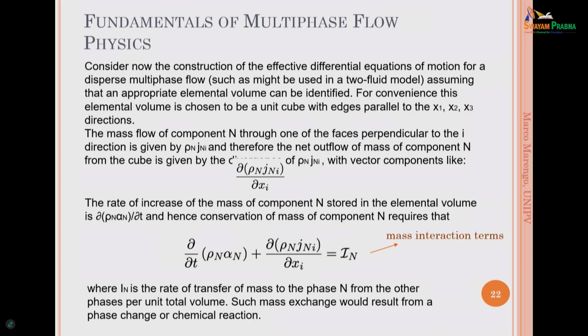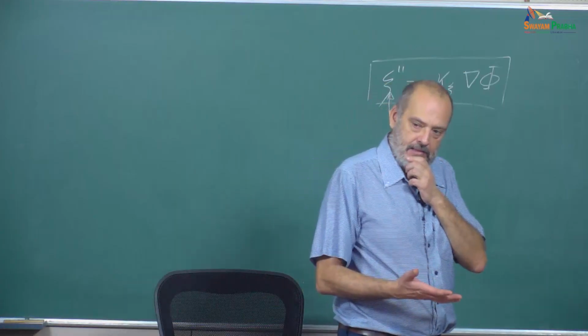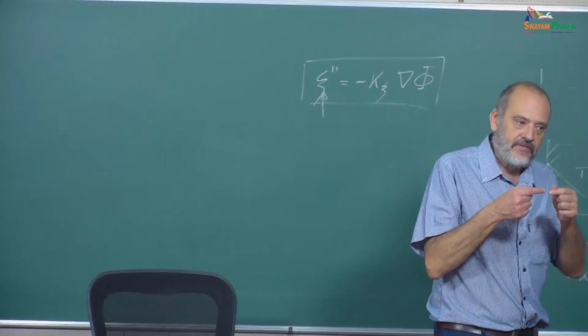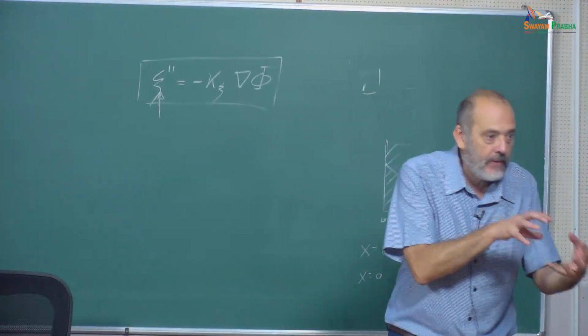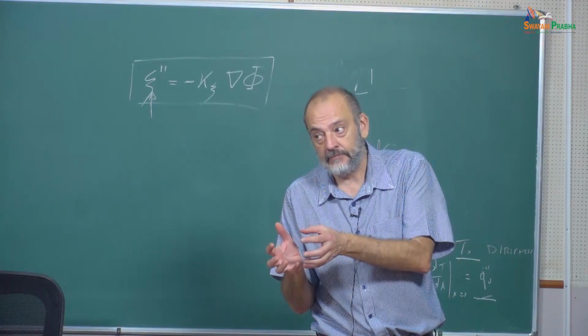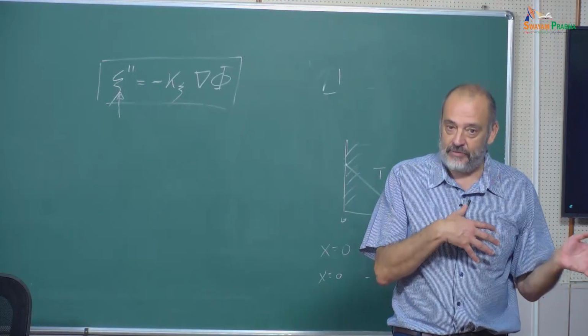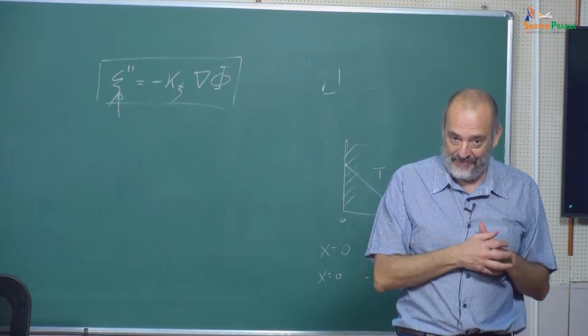In this case, why do we have a mass interaction term? Well, because in a two-phase system, we may have a mass exchange due to phenomena inside that are transferring mass from one component to the other. So the mass conservation is going to change because we have these new things.